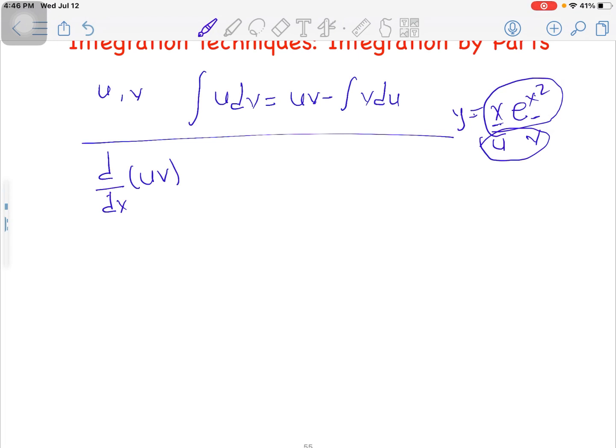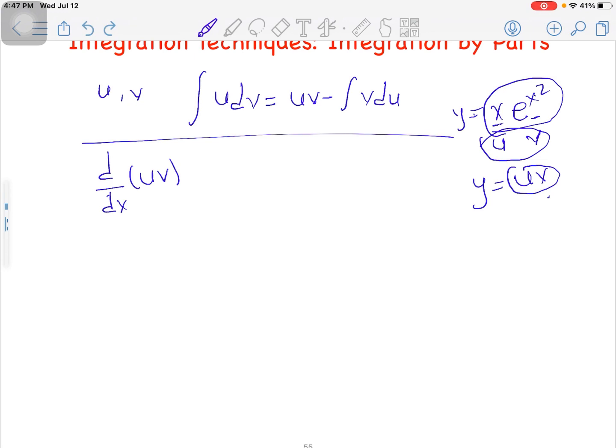So if x represents u and e to the power x squared represents v, then if we write the function, we get y equals uv. Now we are assuming that our function is uv. So let's proceed by writing the formula.